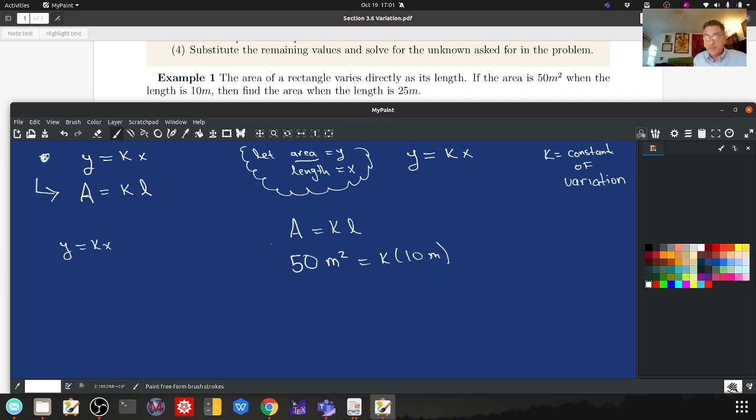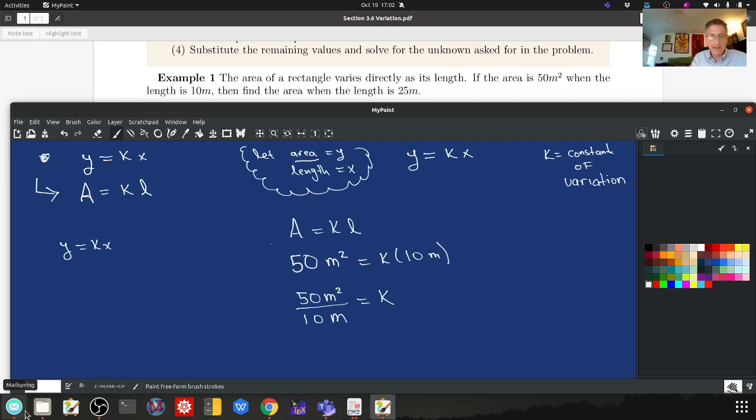Now you don't have to use the units, but they kind of let you know what's going on. So we're going to solve for k. So k is my unknown, so I'm going to divide both sides by 10 m. So that's 50 meters squared divided by 10 meters is equal to k.